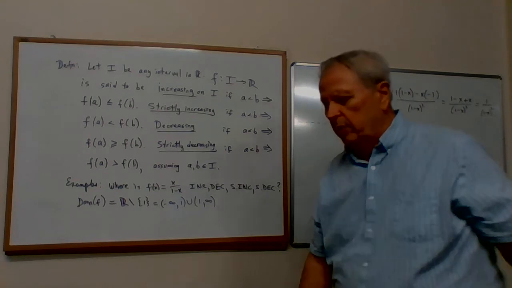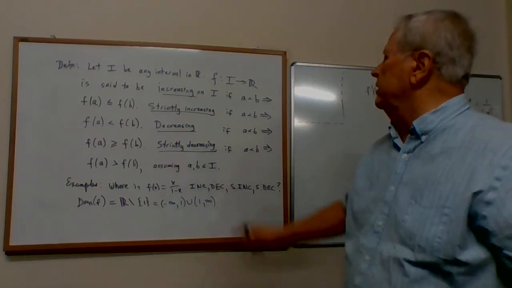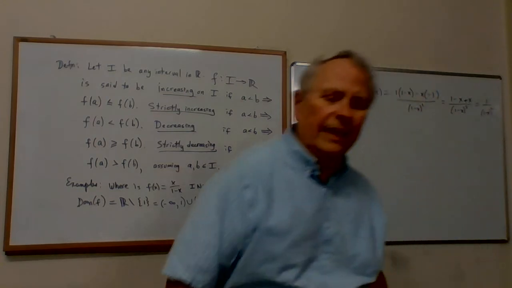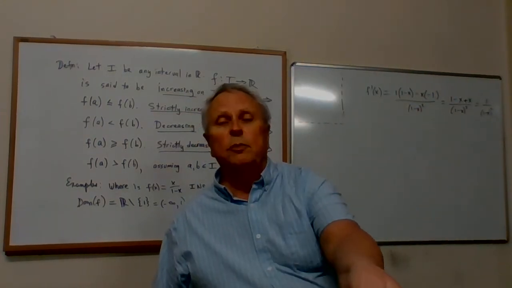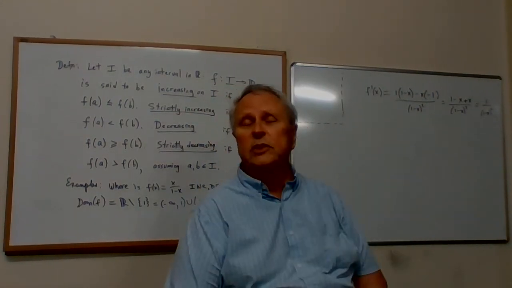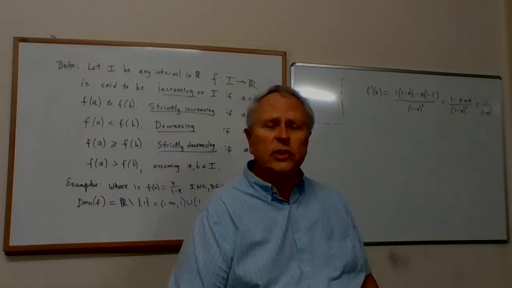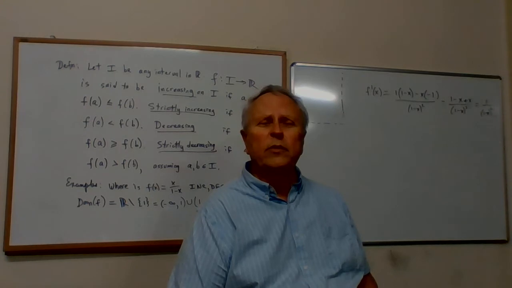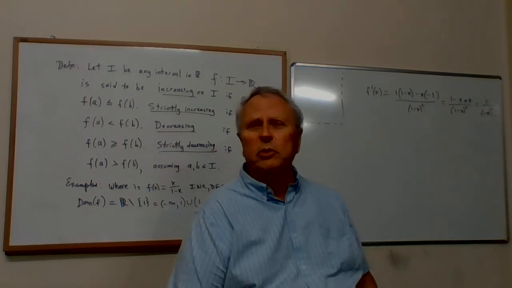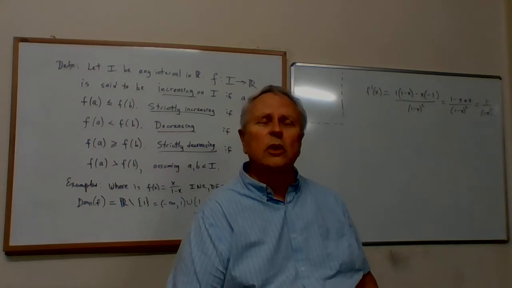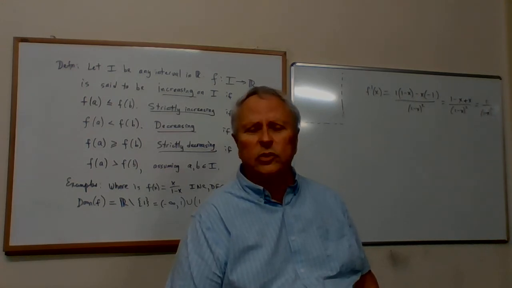Now, how do you know when a function is increasing, strictly increasing, etc.? If the function is differentiable, which this function is every place except x equals 1, then the function is increasing when the derivative is greater than or equal to 0. It's strictly increasing when the derivative is greater than 0.